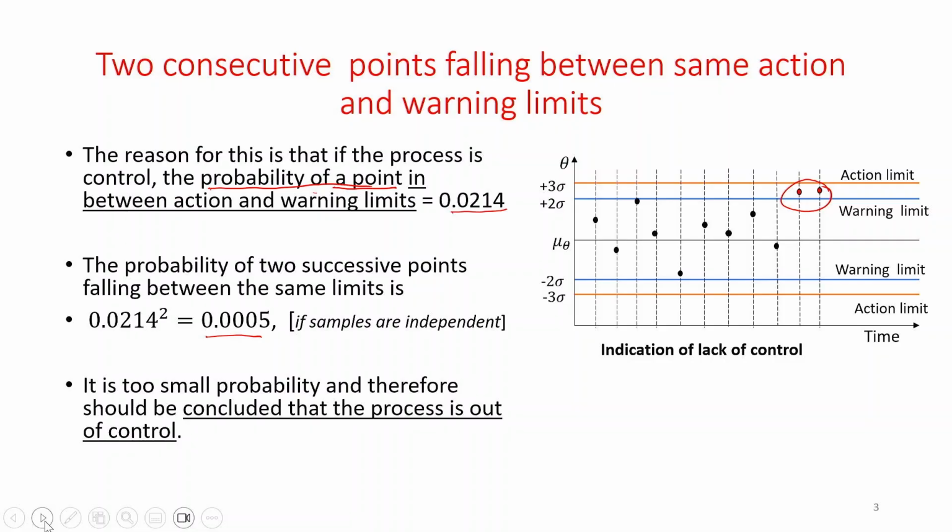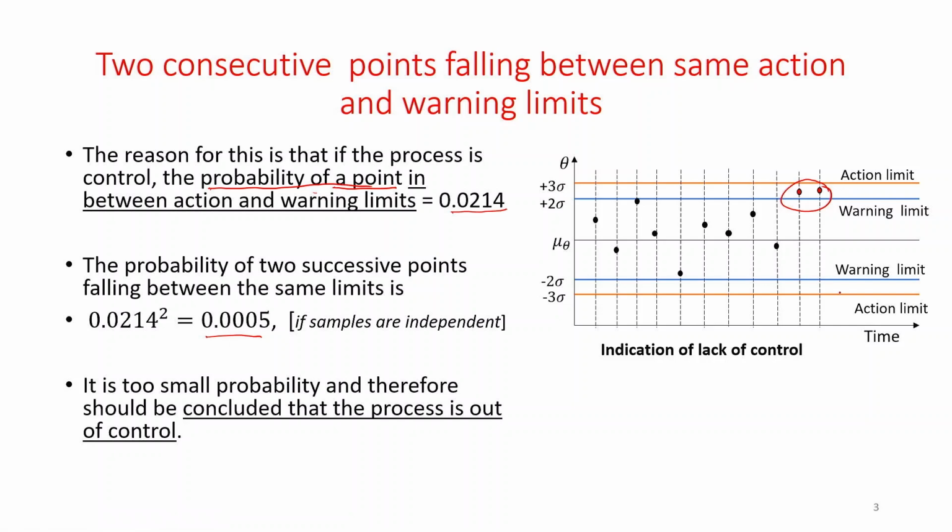So this probability that two successive points falling in between action and warning limit is very, very rare. It is too small, 0.0005, and therefore it should be concluded that the process is out of control. It is highly unlikely that two successive points will fall in between upper action and warning limit.